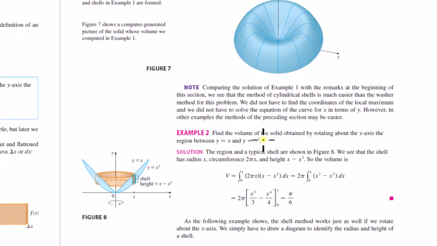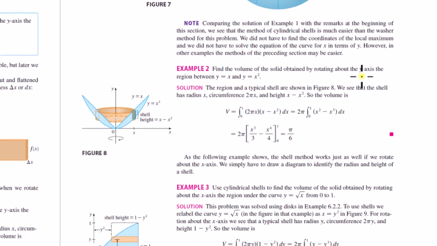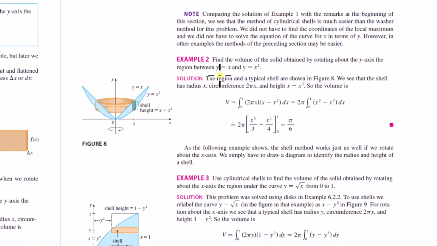All right, find the volume of the solid obtained by rotating about the y-axis the region between y equals x and y equals x squared. Okay, so you can see how you could potentially use the disc washer method. It would be the washer method in this case, or the shell method.